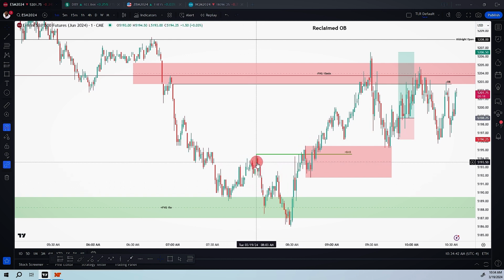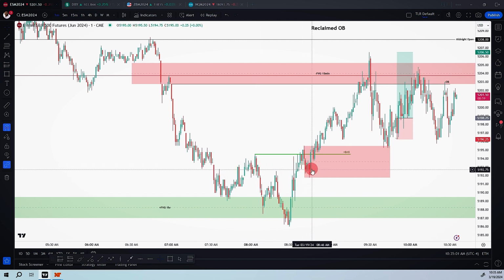This down close candle right here, let's come further back, this down close candle right here sparked buying.